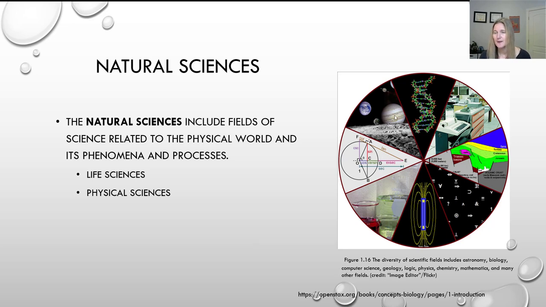So for example, astronomy is a natural science. It's classified as a physical science because it relates to the physical world and its processes. Biology is certainly considered a natural science because it relates to the physical world and the phenomena and processes that are out in the world.